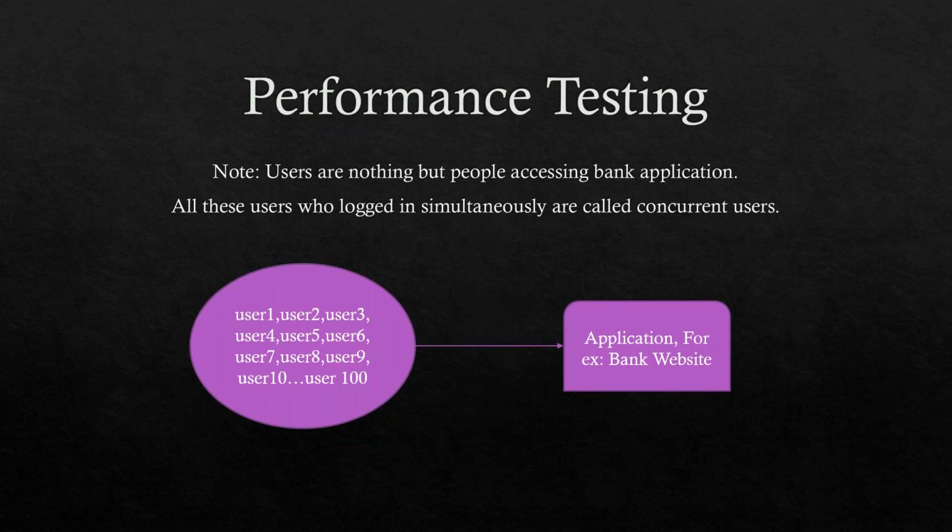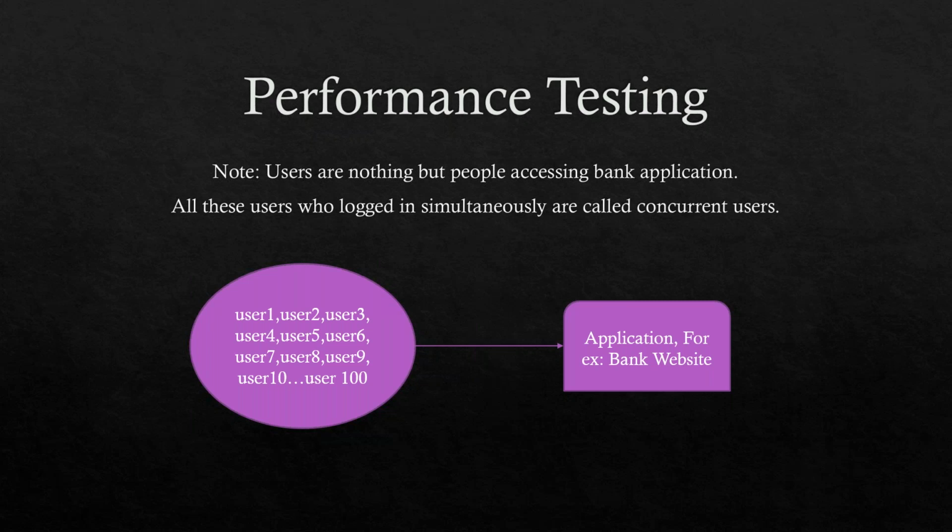So for example, if you enter a username and password and click on the login button, ideally you should navigate to the home page within 2 seconds. If for some reason it is taking more than 2 seconds, there could be some issue. That's how we have to identify the issues.